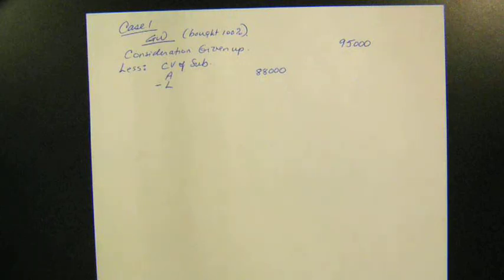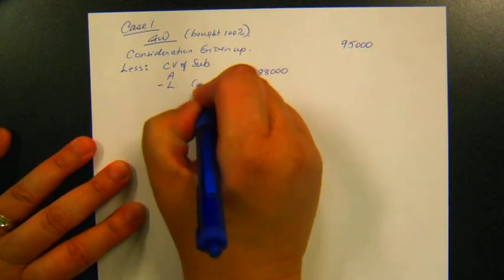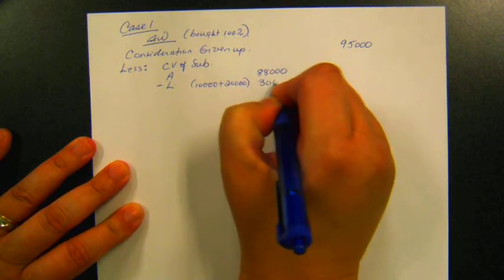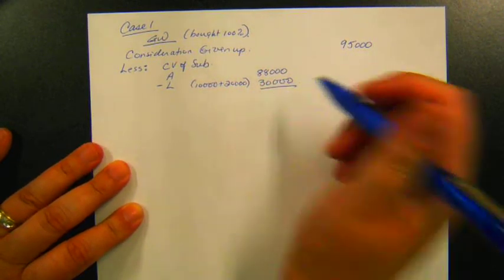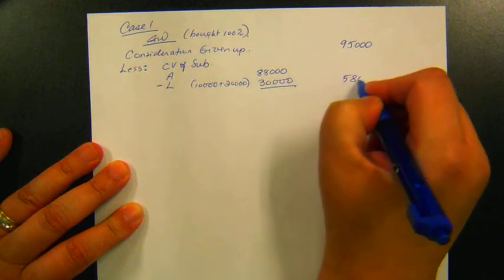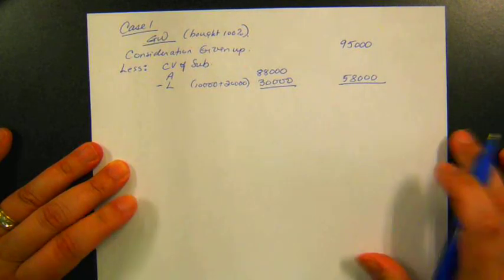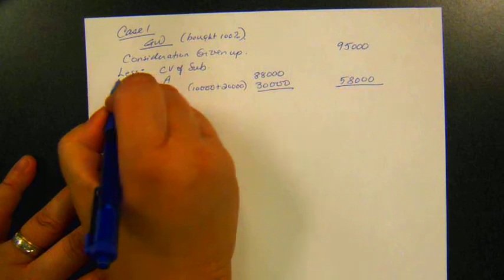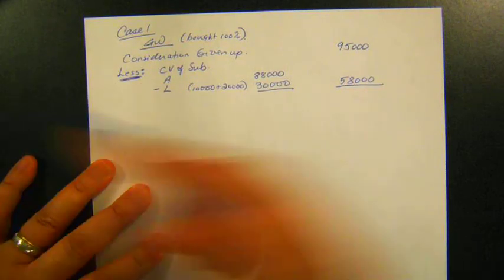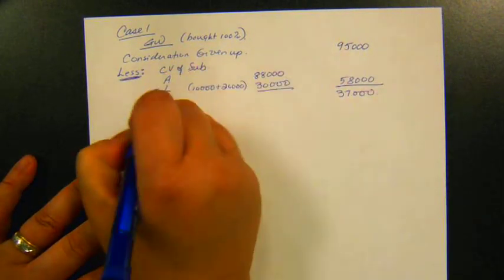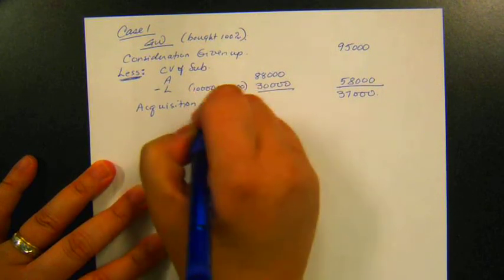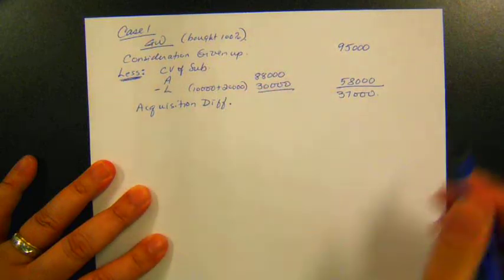The 10 plus the 20. Okay. That's 58,000, so we subtract to get what is called the acquisition differential, or AD.